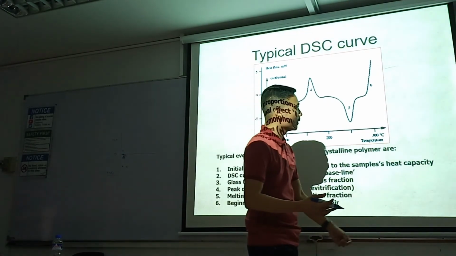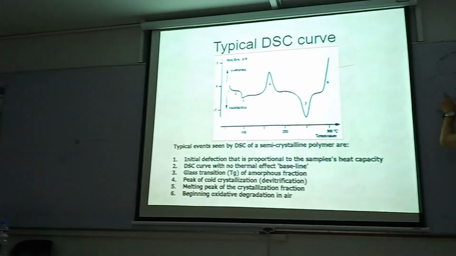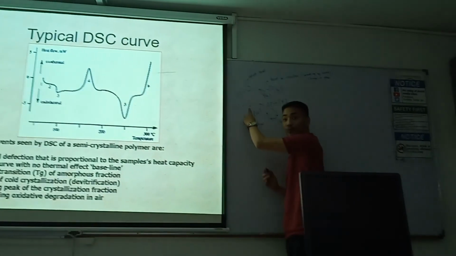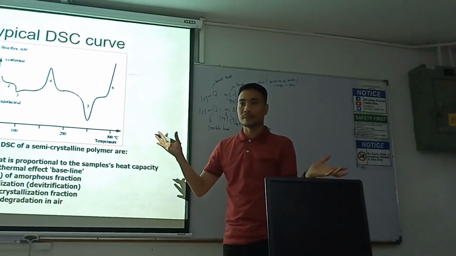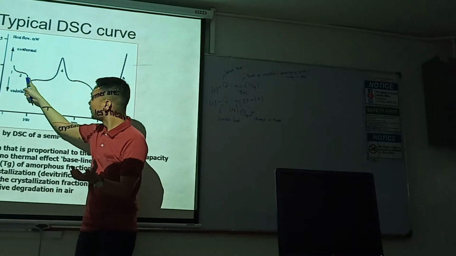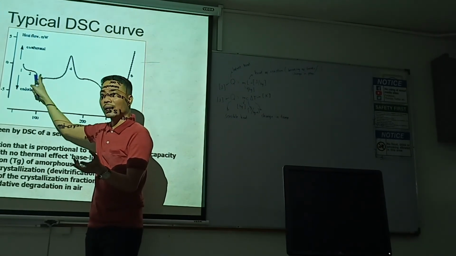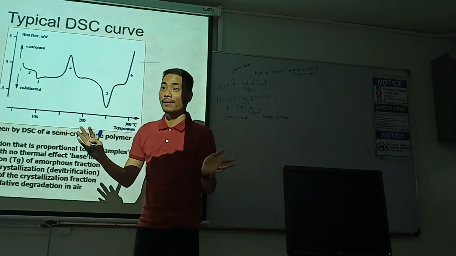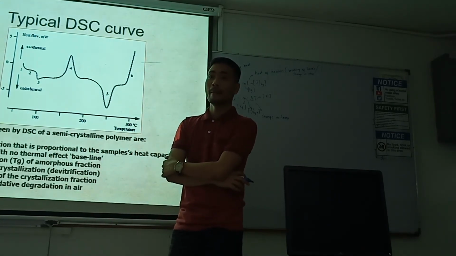Ibig sabihin, ganito kadami, yung area na yan, ganun kadami yung latent heat na kailangan i-absorb para mag-break yung crystalline regions. Dito naman, ano ibig sabihin niya? Maliit lang, di ba? Kasi amorphous regions lang yun. Yung mga bonds nun, hindi ganun kalakas. Follow?